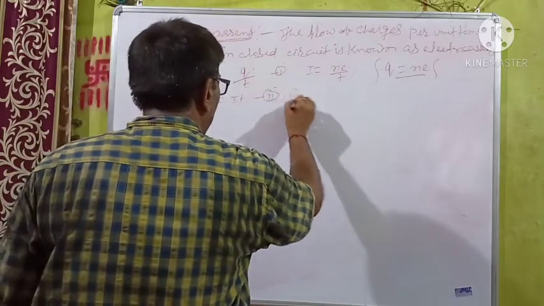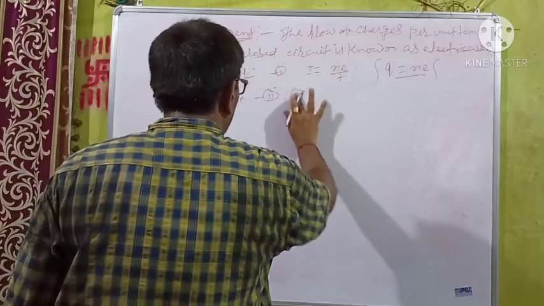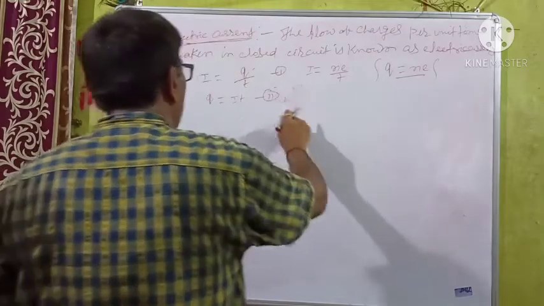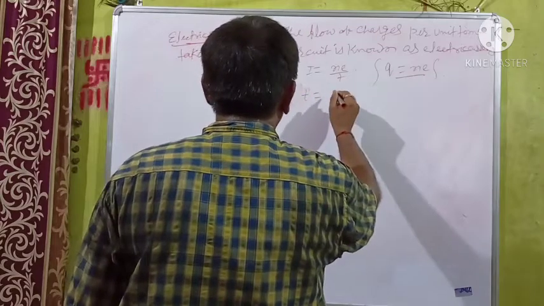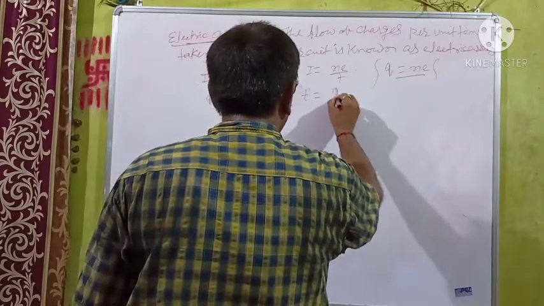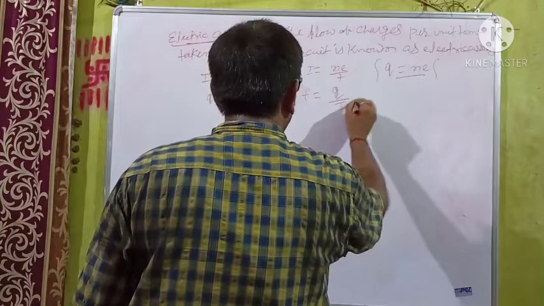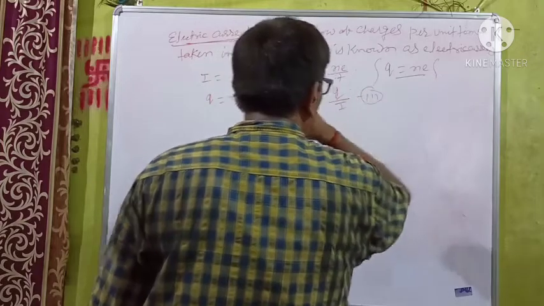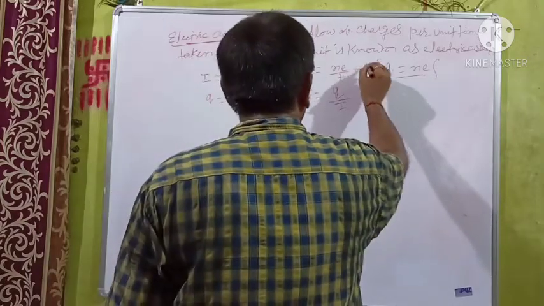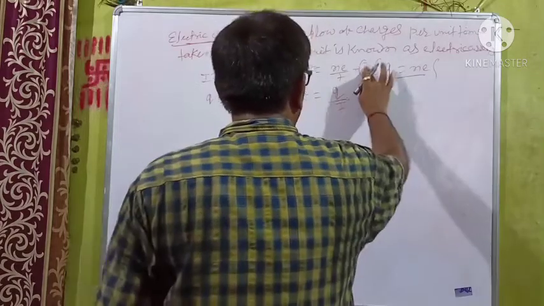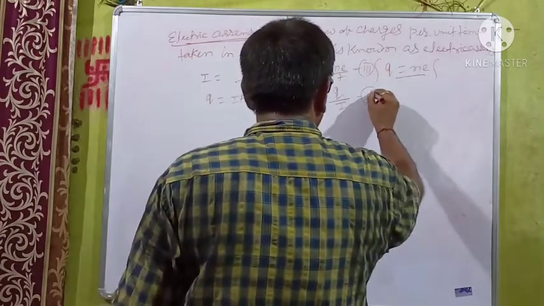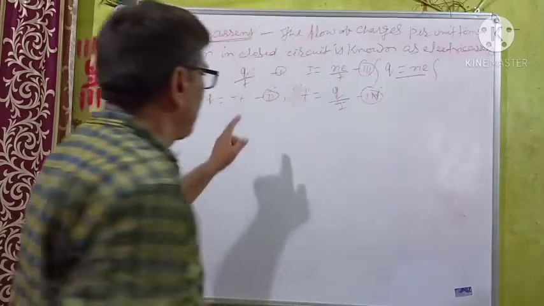And the third formula: t is equal to Q by I. This is the third formula, and this is the fourth formula.